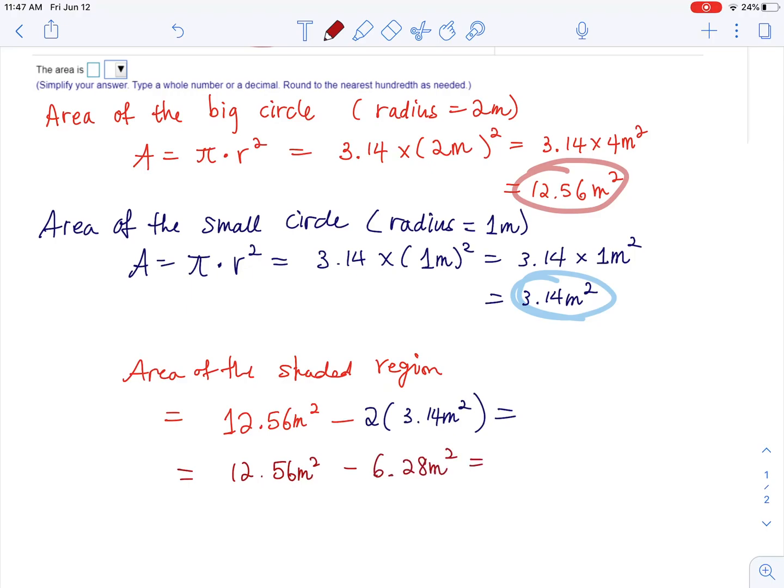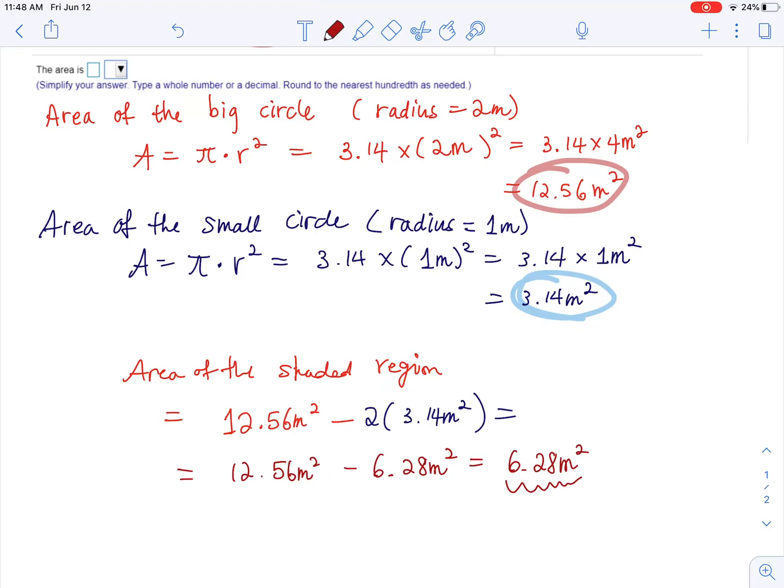Notice I'm only multiplying the 2 by 3.14, I'm not multiplying this meter squared by any other meter, so the unit is still meter squared. And when I subtract 12.56 minus 6.28, the final answer comes out to be 6.28 meters squared. So that will be the answer for this one problem.